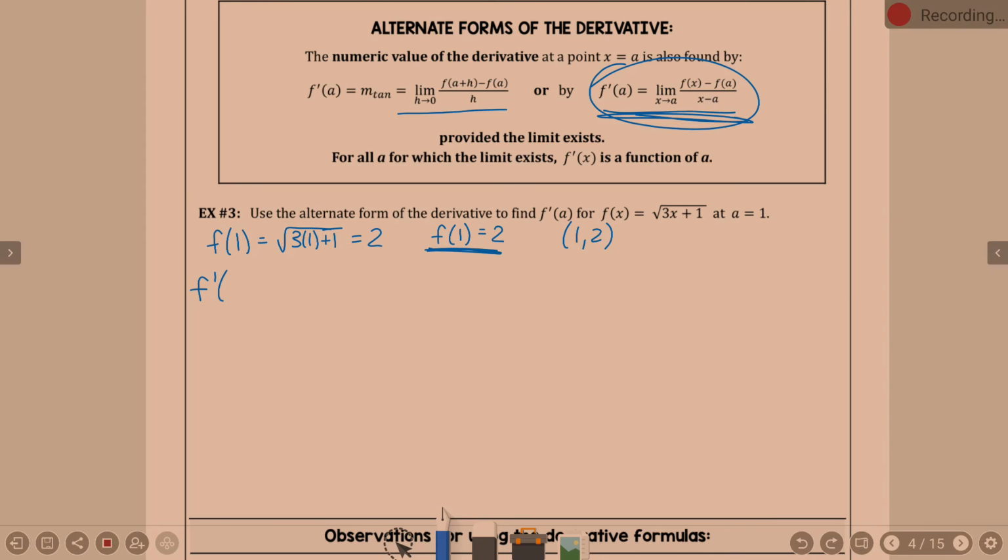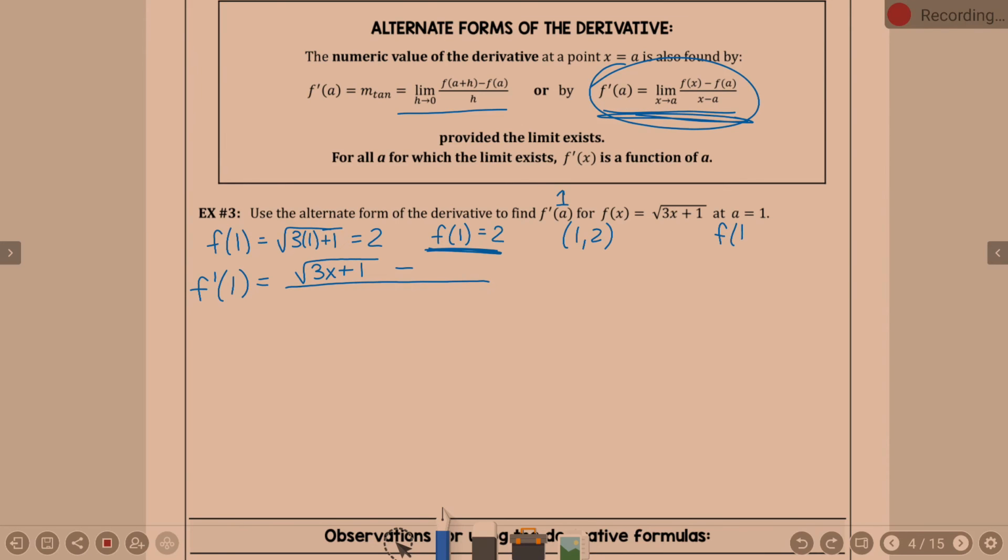I don't even know why I wrote f. In my notes, I've written f prime of a the first time through, but I went ahead and plugged in 1, didn't I? Okay, so f prime of 1 is what we're doing, right? Because they told us that a is 1. So f of x is the square root of 3x plus 1, minus f of a, right?